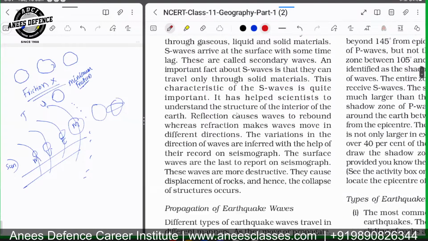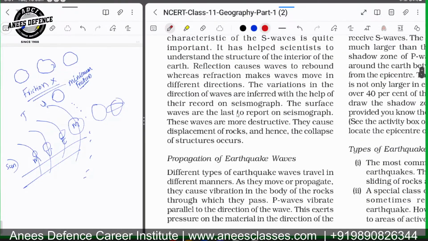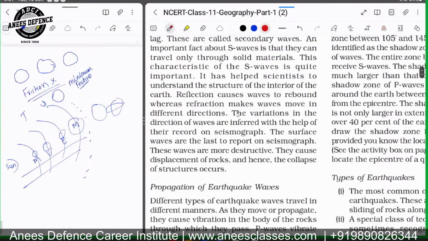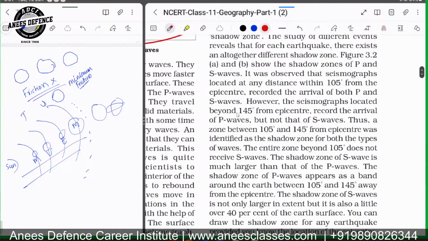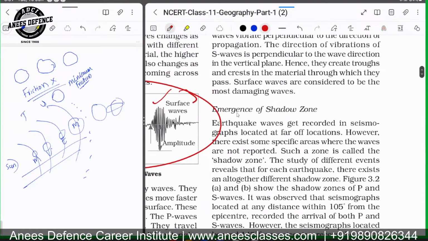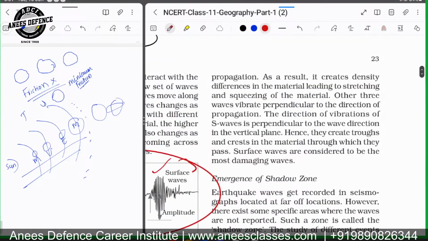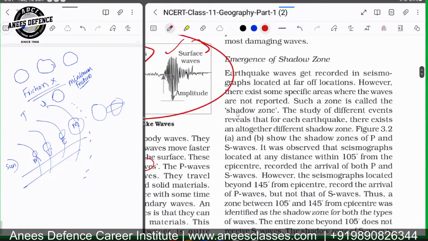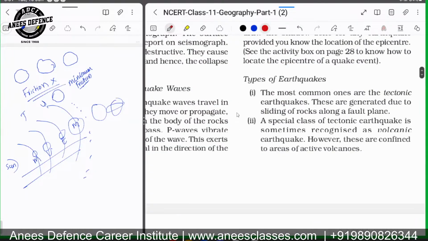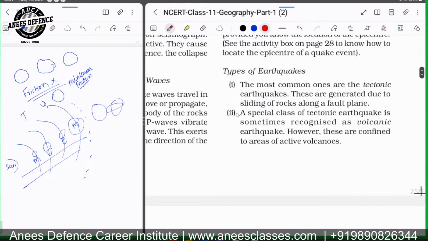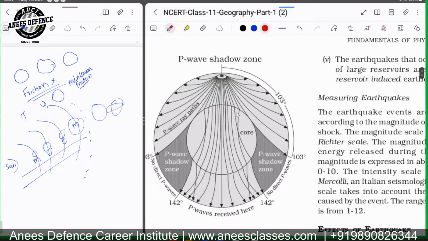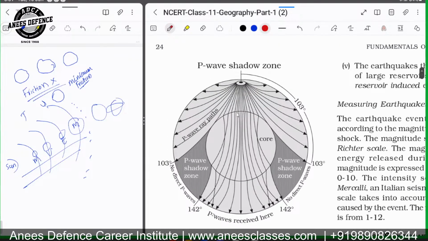It is as simple as that. So this image again plays a very important role.